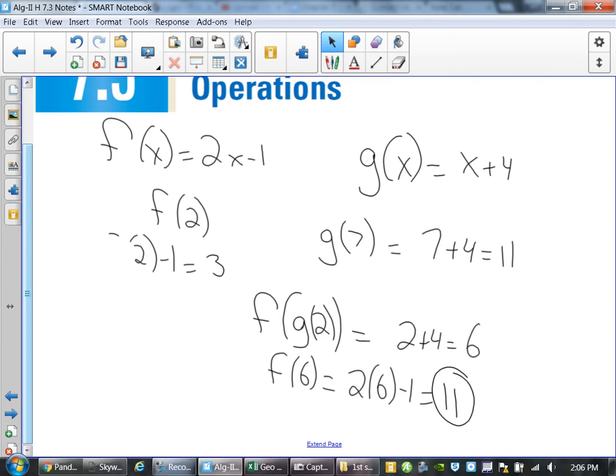This was a composite of a function that you probably didn't even realize that you were doing. So what exactly does f of x and g of x mean? It's function notation. It's synonymous with saying y equals. It's an input-output. Y equals 2x minus 1. When x is 2, y is 3. When x is 2, f of x is 3.